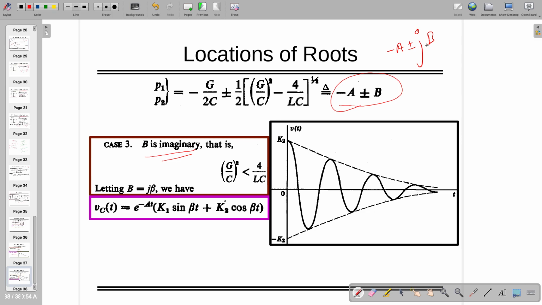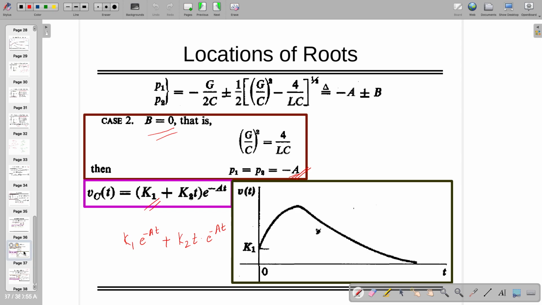When this is happening, the output will have sine and cos, and your output will have some ringing, right? This kind of system is known as overdamped, and this only happens when your system has complex and conjugate pairs of roots.